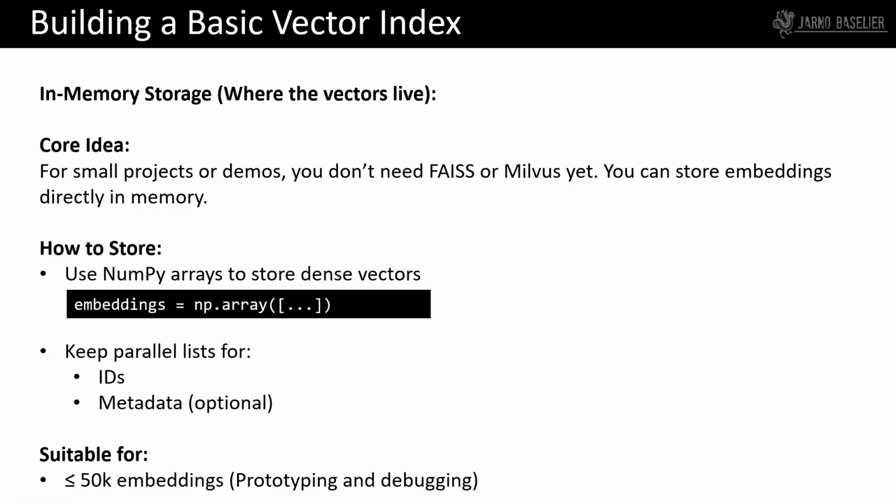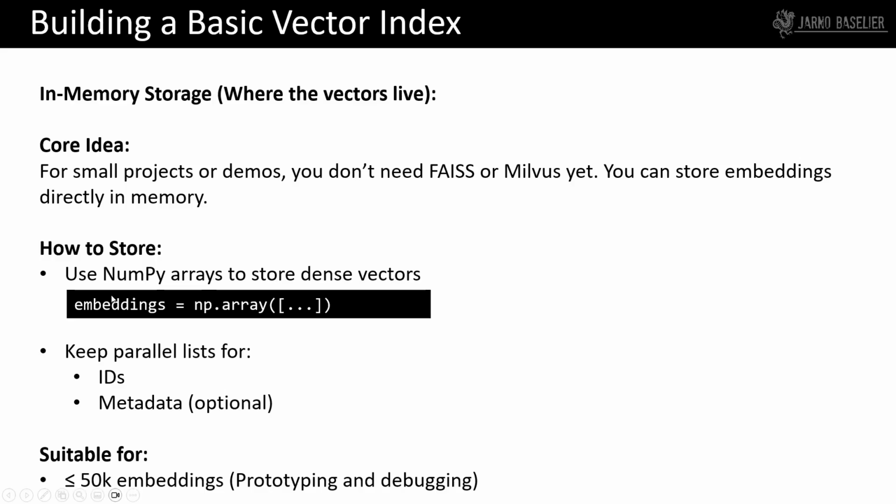In-memory storage, and this is where the vectors live. The core idea here is that for small projects or demos, you don't need huge vector databases like FAISS or Milvus. You can simply store the embeddings that it created directly into memory. And how to store this? We can use NumPy arrays to store dense vectors.